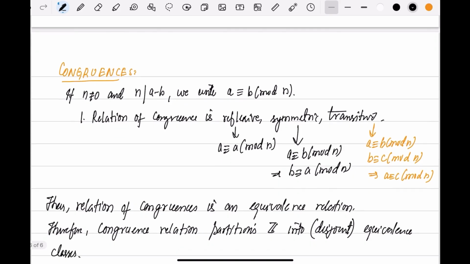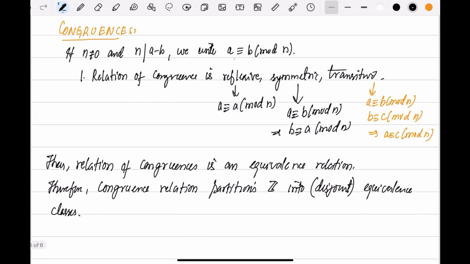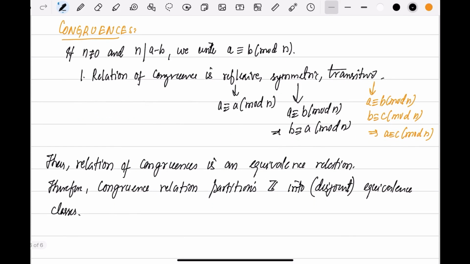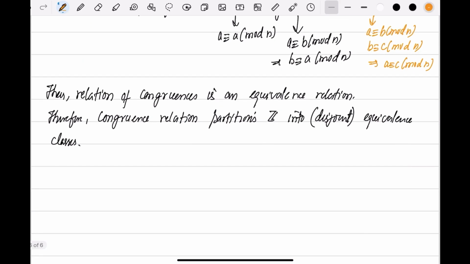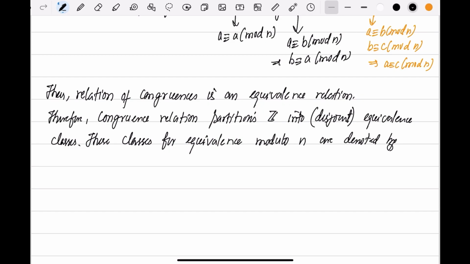So now we need to write down the notation for those classes. If we have a is congruent to b mod n, that means if we divide the integer a by n, we will get the remainder b. So the classes for equivalence modulo n are denoted by the list of remainders.